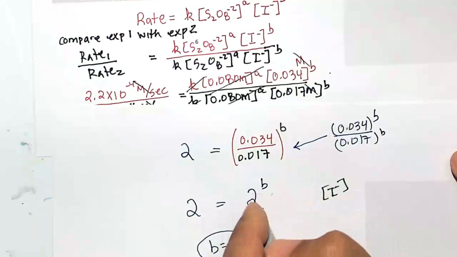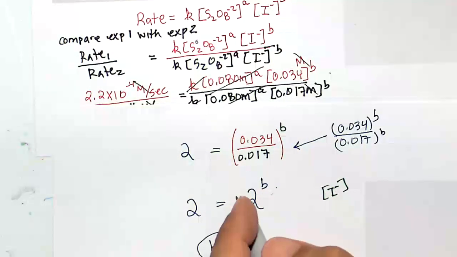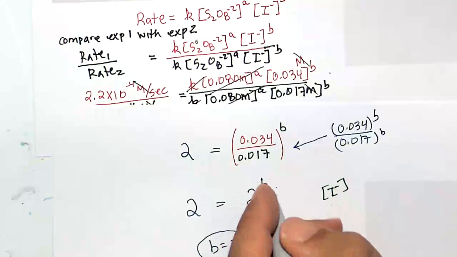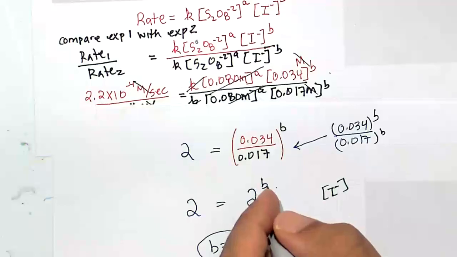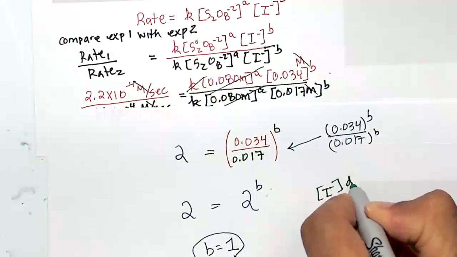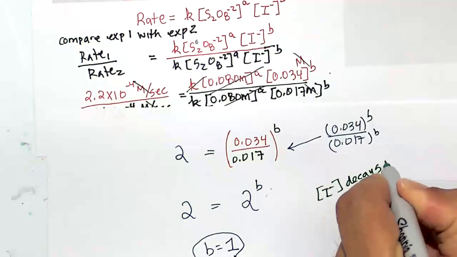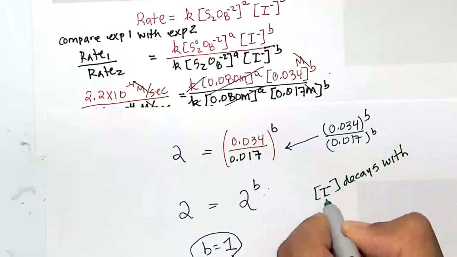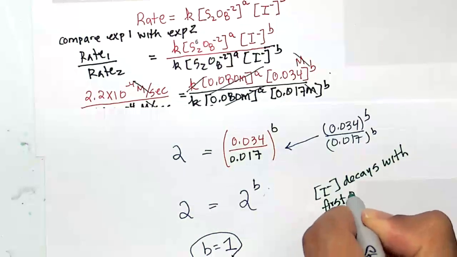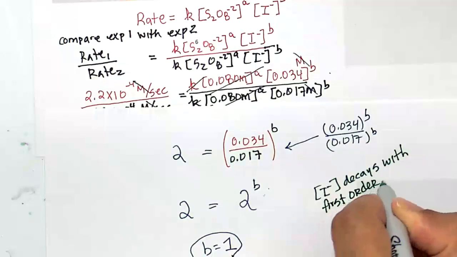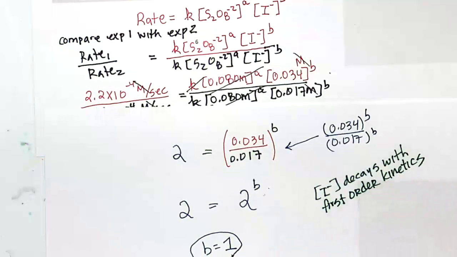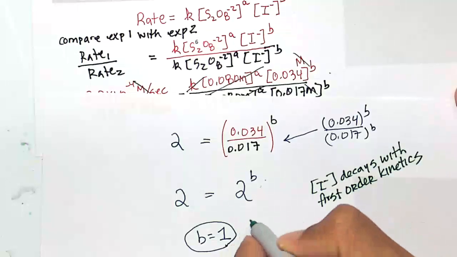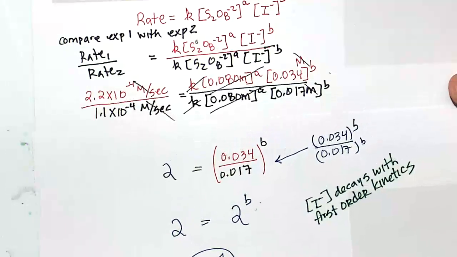2 to the power of B is equal to 2. What is B? What we have to do is make it true, and 1 makes it true. So I minus decays with first order kinetics.